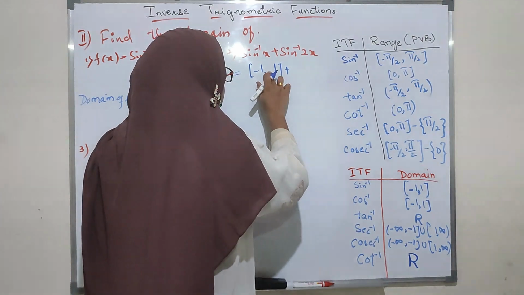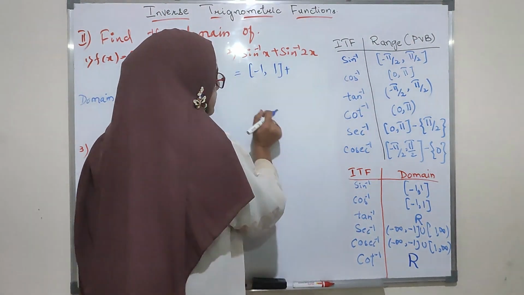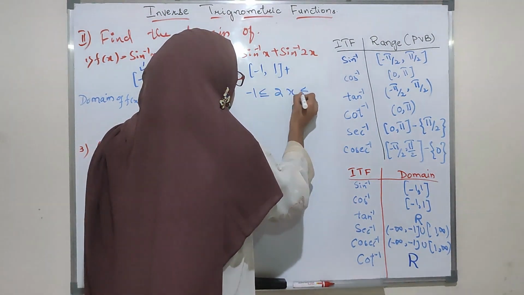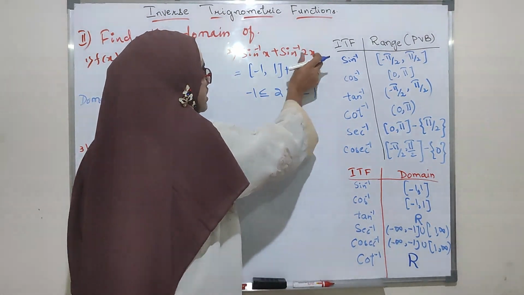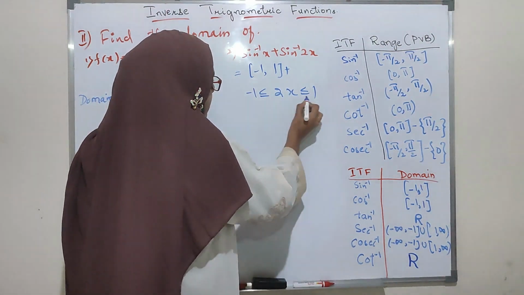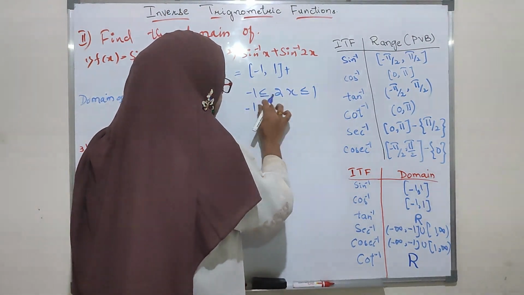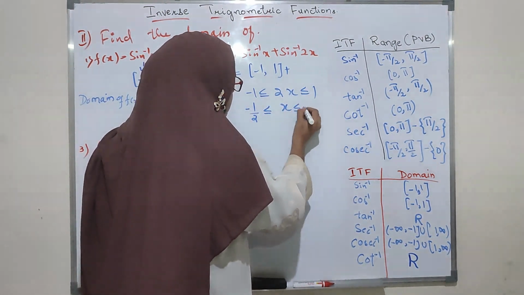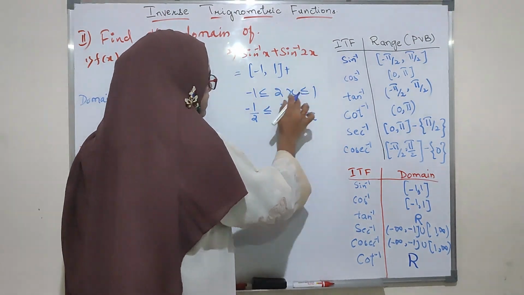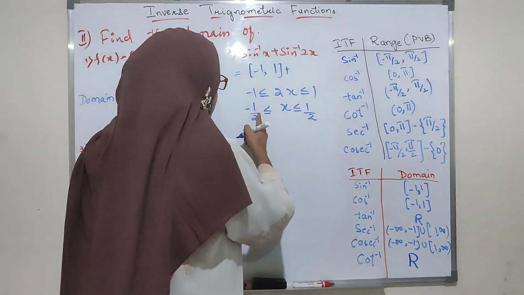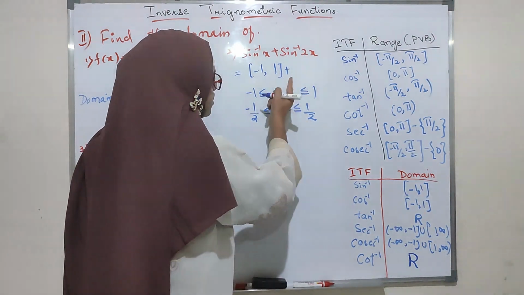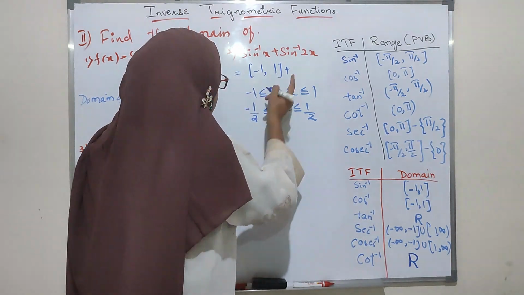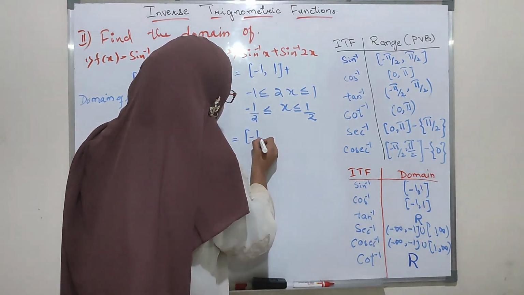We know that the sine inverse domain is minus 1 to plus 1, so we have to write it this way for 2x. Dividing by 2, we get minus half is less than or equal to x, which is less than or equal to plus half. So for this function sine inverse of 2x, x lies between minus half and plus half. Now we have to take the intersection of these two intervals.